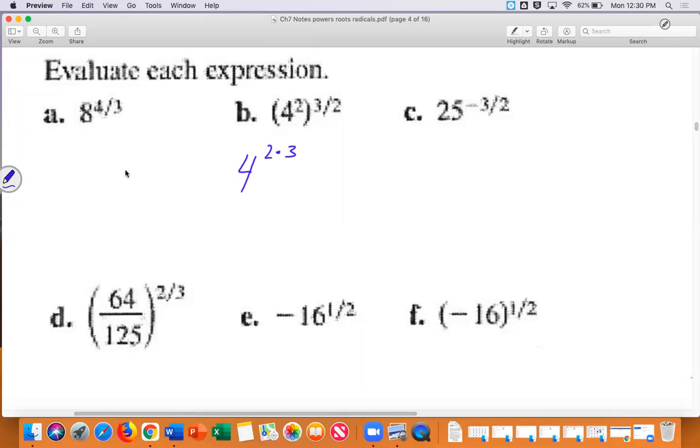Two times 3/2. The 2's cancel, right? Which is 4 to the 3rd. You guys see where I got that? All right. 4 to the 3rd is 256.